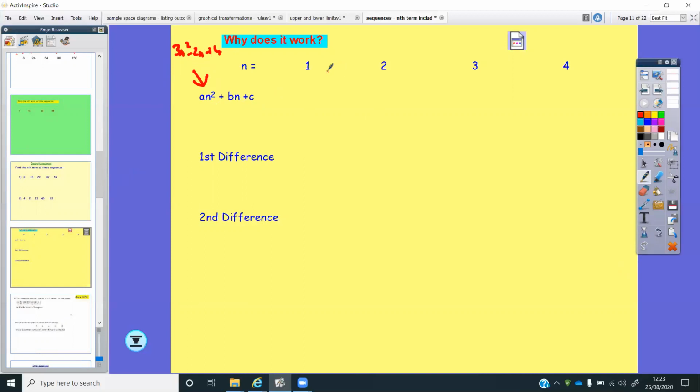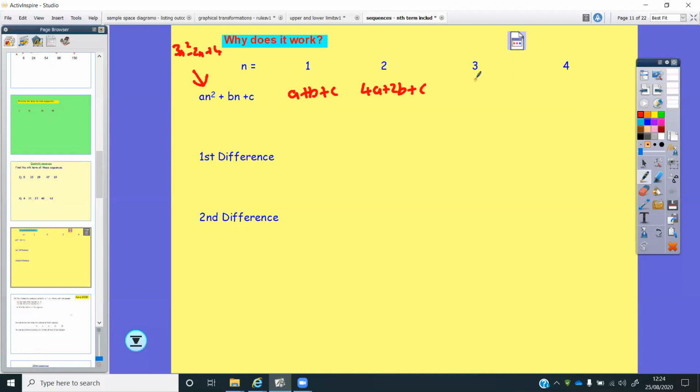Then let's do it as if it was an squared. Let's use the algebra to show what's going on here. What would the first term be? Well, n is 1, so we get a times 1 squared plus b times 1 plus c, so a plus b plus c. When n is 2, you get 4a plus 2b plus c.